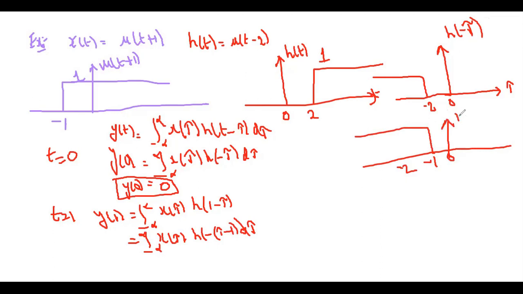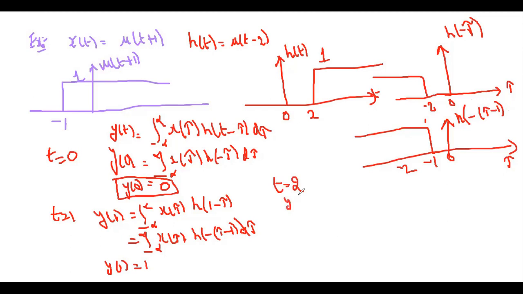At minus 1, x of t is 1 and h is also 1. Both values are 1, so y of 1 is equal to 1. Got it, my students?